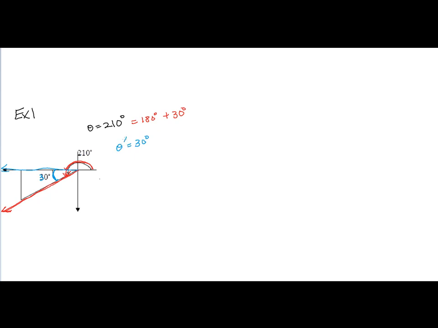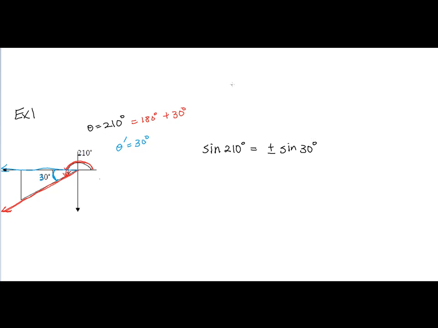Then how do I use the reference angle to find sine 210 degrees? Here is how it works. Sine 210 degrees is plus or minus sine of the reference angle.